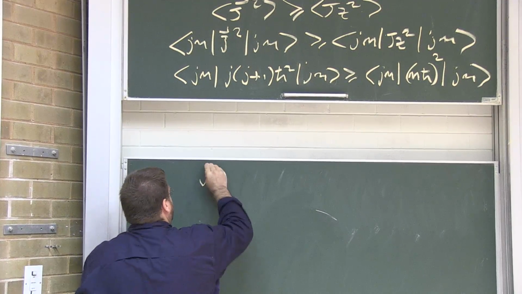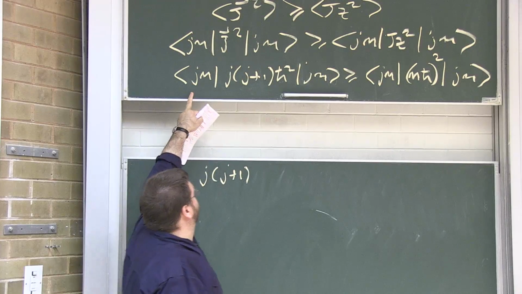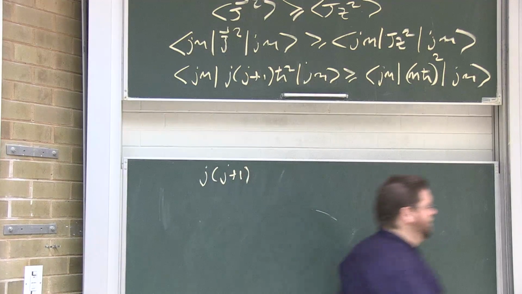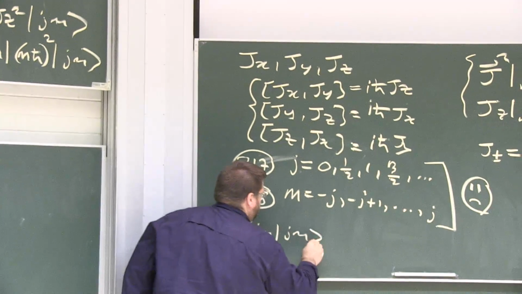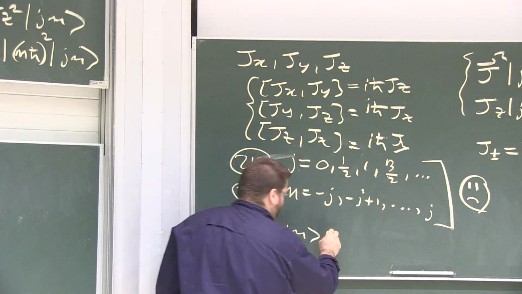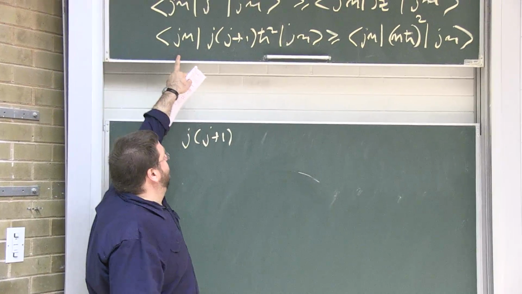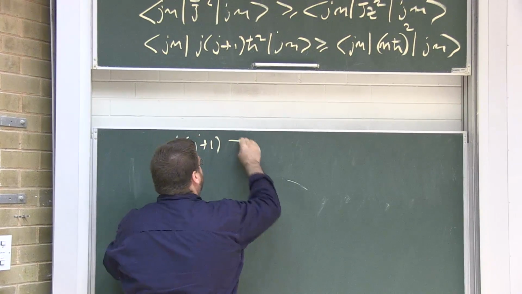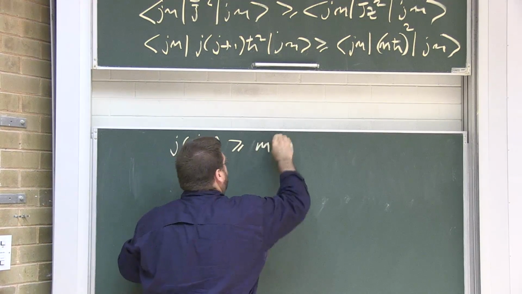So we'd get a j into j plus 1. You'd be left with a bracket of jm with jm. But I'm going to assume that these things are orthogonal and normalised, so this will equal 1. Yep, the ket analogue of a unit vector. So the bracket of jm with jm is 1. It's left, it can be discarded. Similarly with the right-hand side.